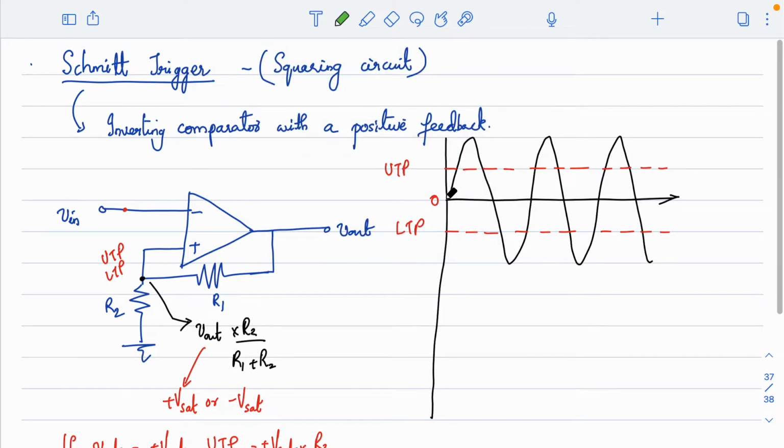When the input signal varies from 0 up to the upper threshold point, can you tell me what will be the output? When I assume the upper threshold point here, the meaning is that what I have at the output is plus Vsat.